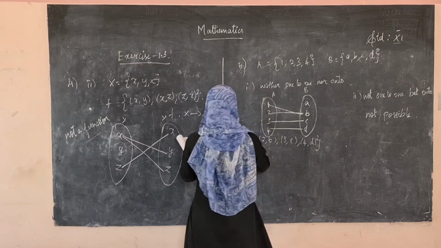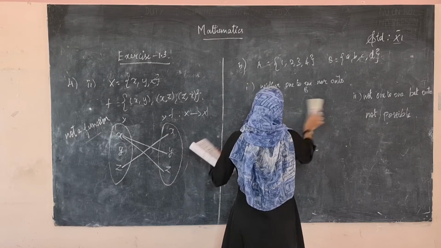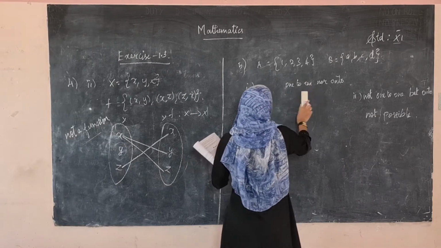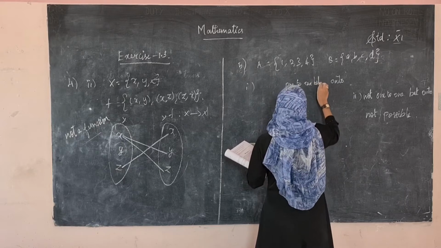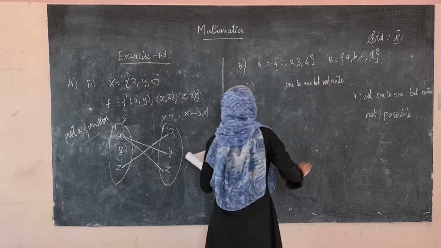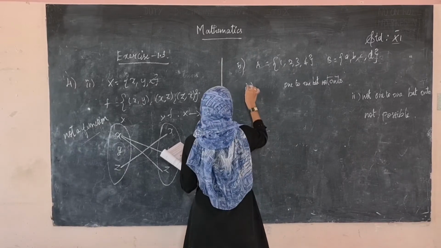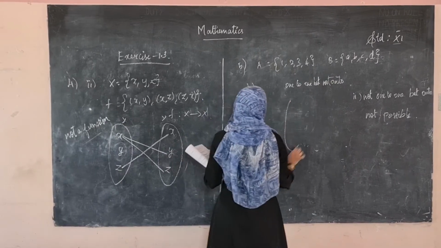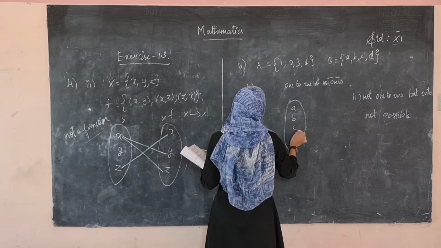Okay. Now, the next one is one-to-one but not onto. Similarly, now see here. 1, 2, 3, 4 and a, b, c, d.